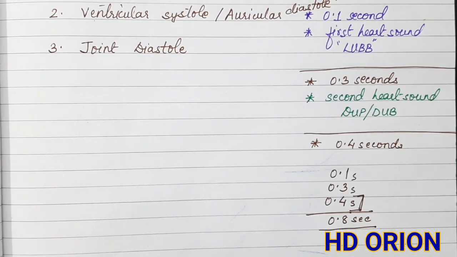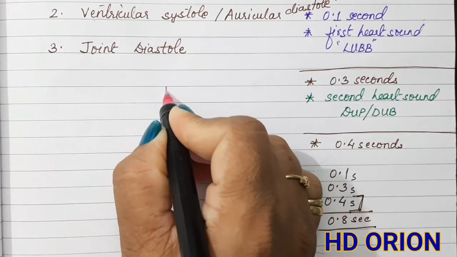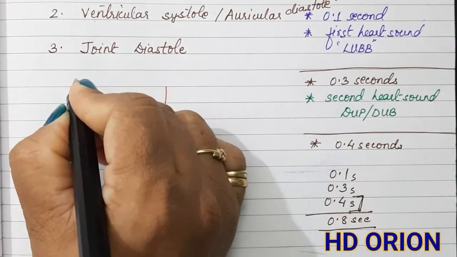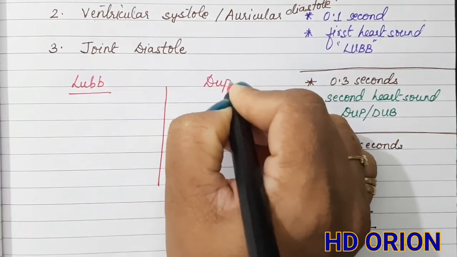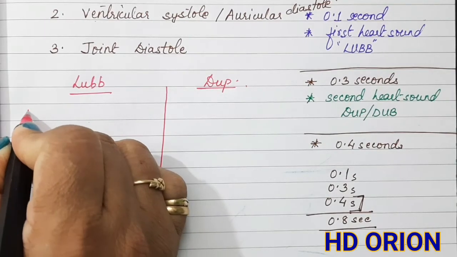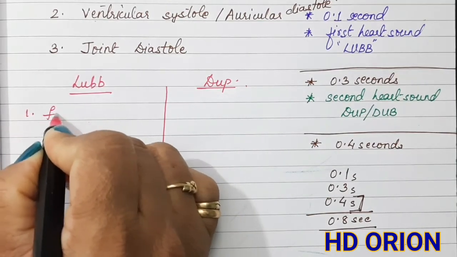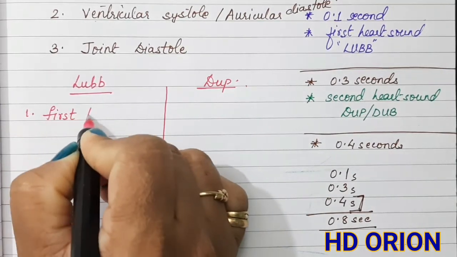So now these were the three events that were the steps of the cardiac cycle. Let us discuss the heart sounds. We will see the differences between the first heart sound, that is lub, and dub. The first difference is that this is the first heart sound.